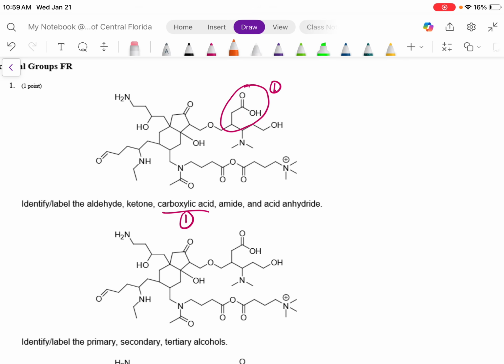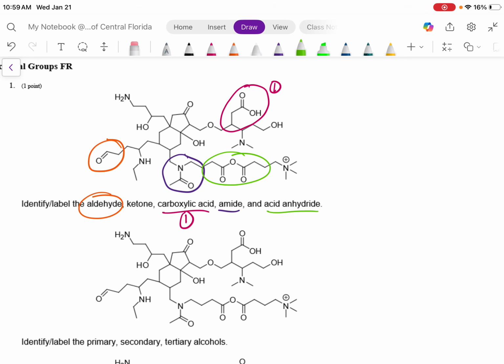Or you could color code it. Doesn't matter to me. Right there, that is an aldehyde. Let's see, an amide. There's an amide. And the acid anhydride would be right there. And that's all there is to it.